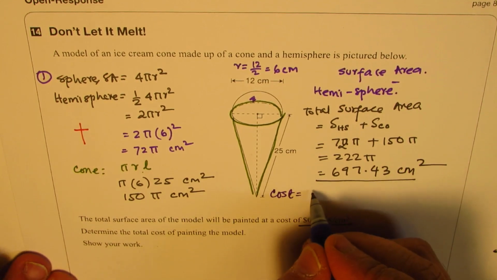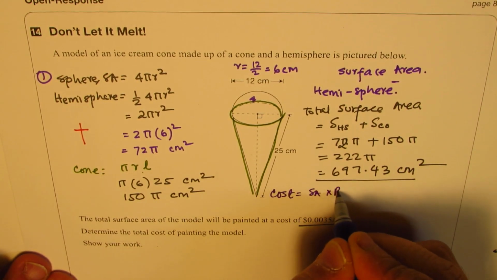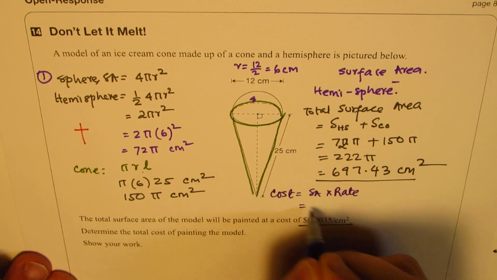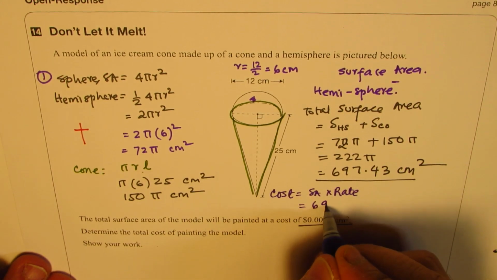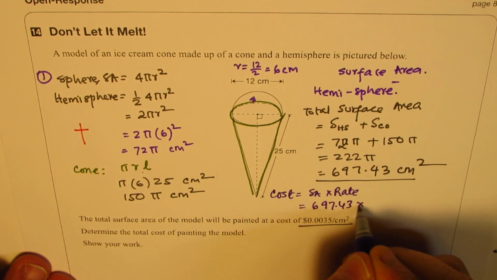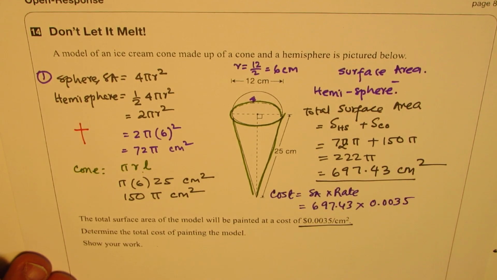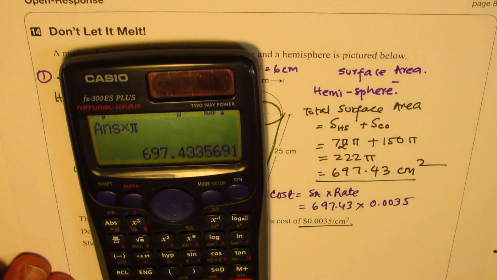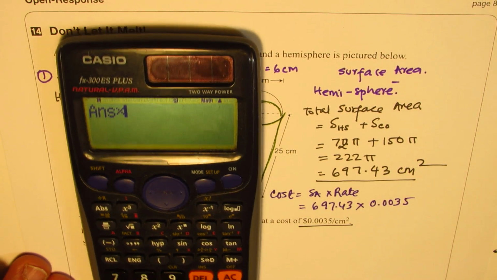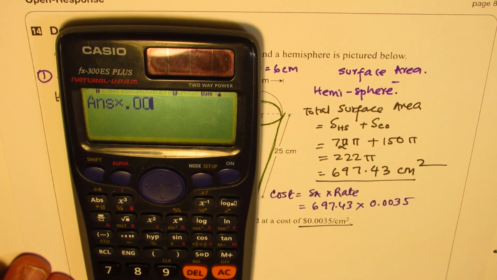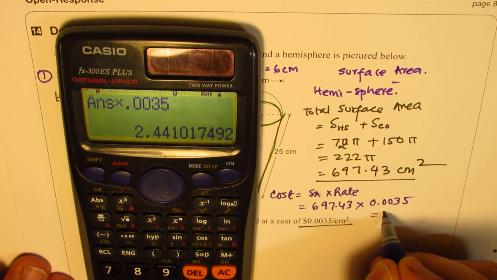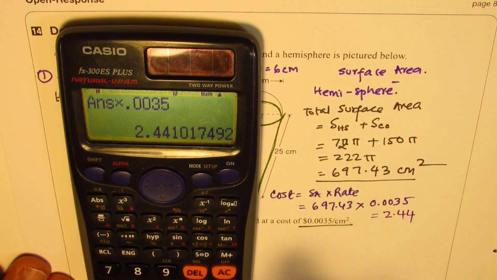Cost will be equal to surface area times the rate. So in this case, it is going to be 697.43 times 0.0035. We already have the first number in the calculator. We'll multiply this by 0.0035, correct? And write down our answer, which comes to 2.44, correct?